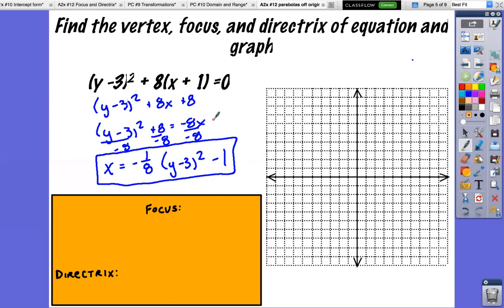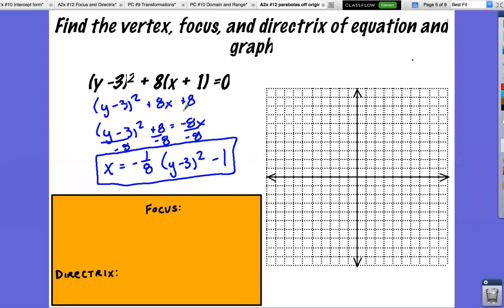So I didn't divide by the opposite. I solved for x. I had to get x by itself, right? So instead of moving all of this stuff to the other side, I just subtracted 8x from this side. So when I subtracted 8x over here, did it over here, that's when I ended up with negative 8x. Then I need to solve for the linear variable, so I had to divide everything by negative 8.